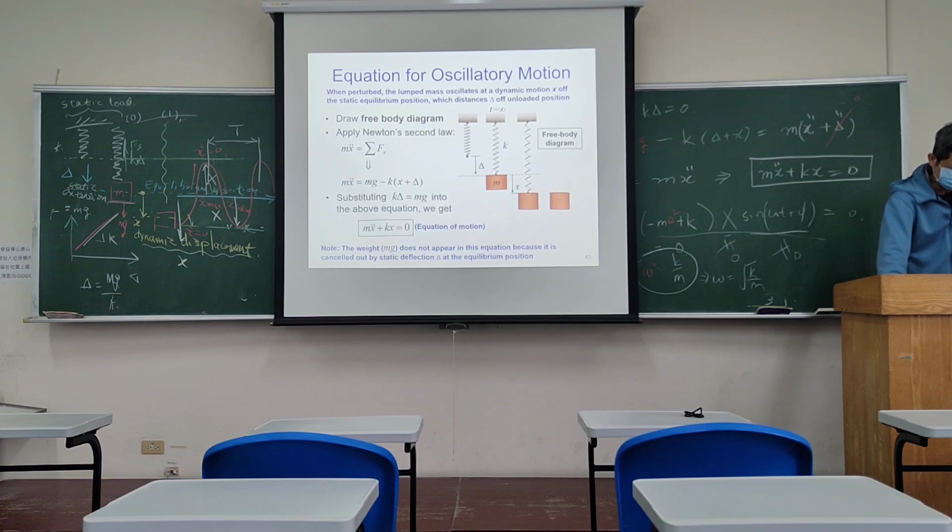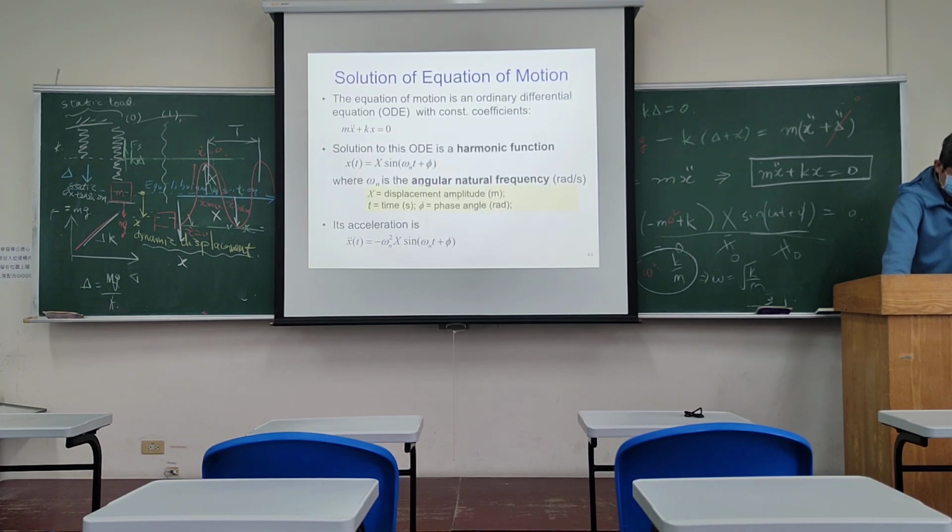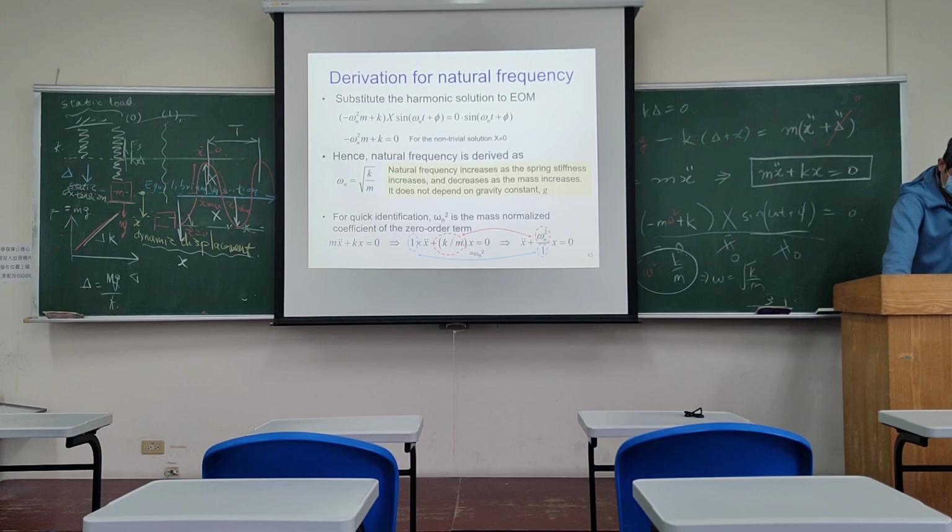So here you have the equation of motion for the mass spring system. There is a balance between the weight in the direction of the dynamic displacement and the opposing spring force. For this equation of motion we have the harmonic solution, with the angular natural frequency determined from the coefficients.